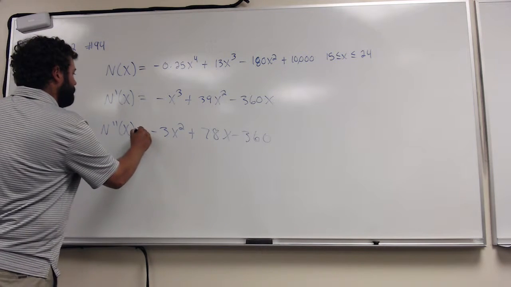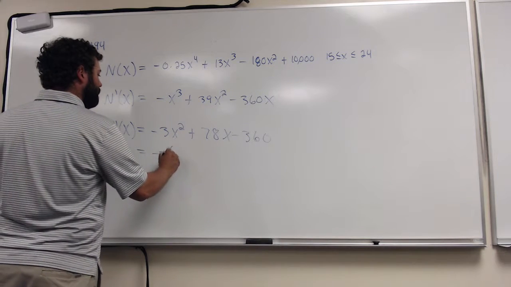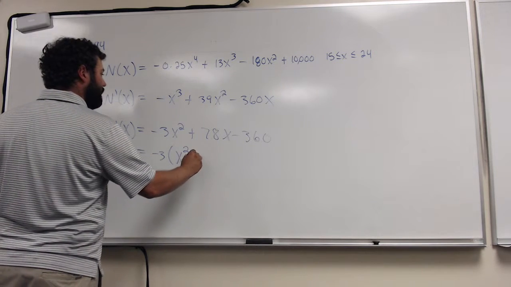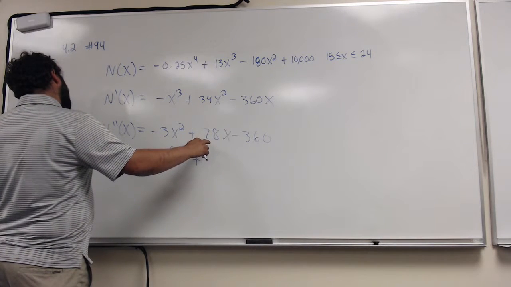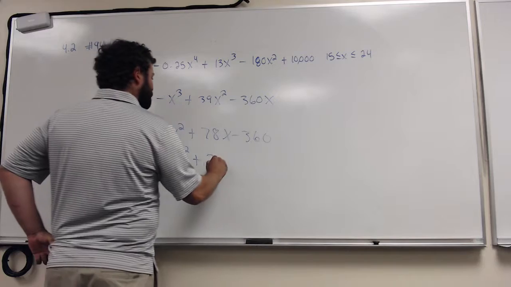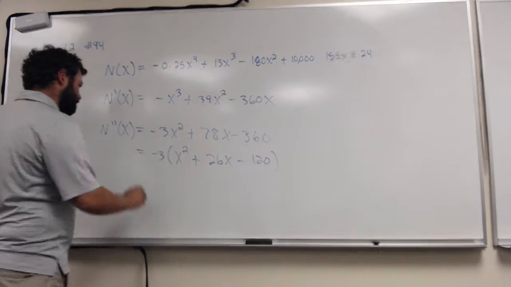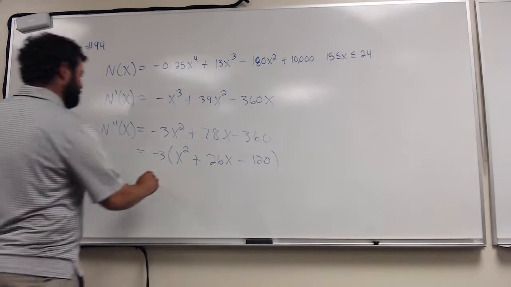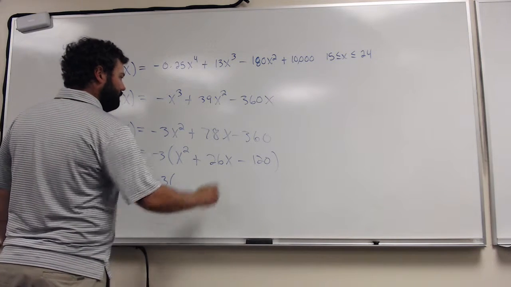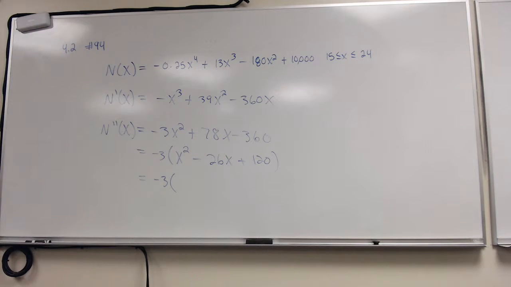Okay. I think we can factor this. The negative 3 can come out, plus, let's see, 3 goes into 60 20 times. I think this is going to be 26x minus 120. And I don't know if that's going to factor or not. Plus 120? Plus, yeah, that should be a minus 120. Thank you.